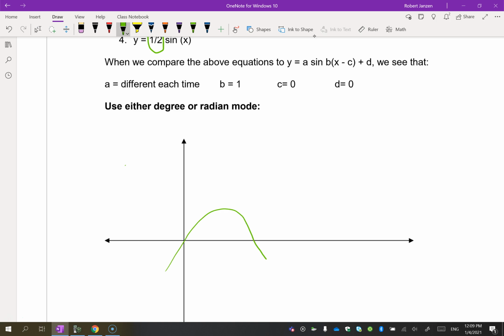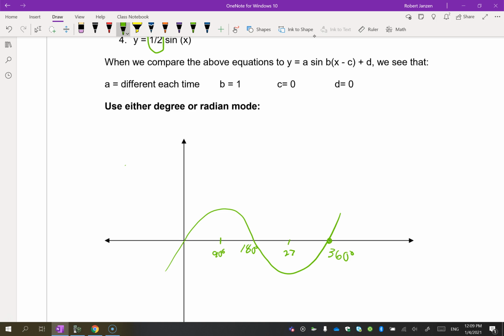This was our regular sine graph: 360 degrees, 180, 90, 270. It went up to 1, down to negative 1.